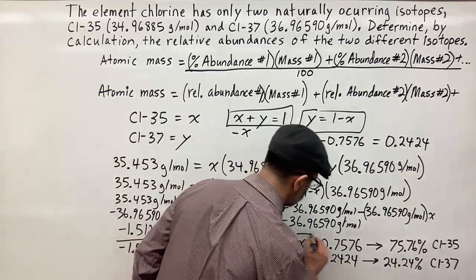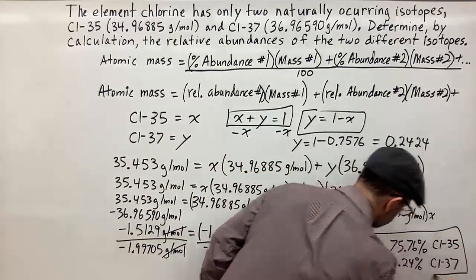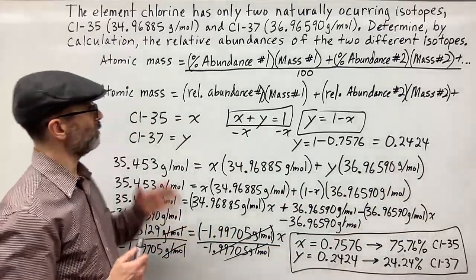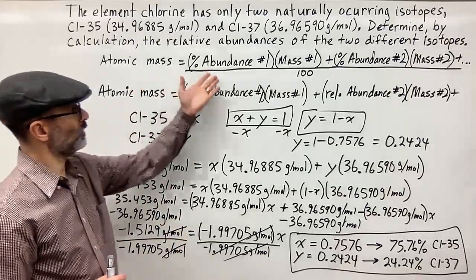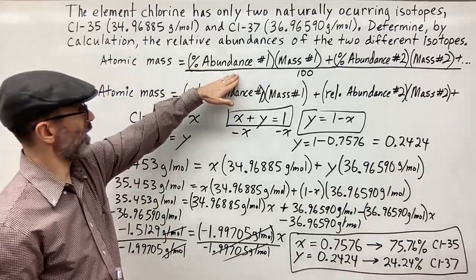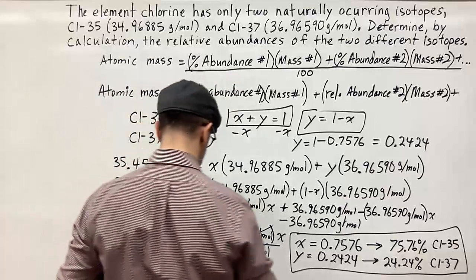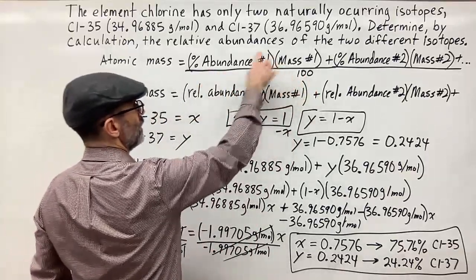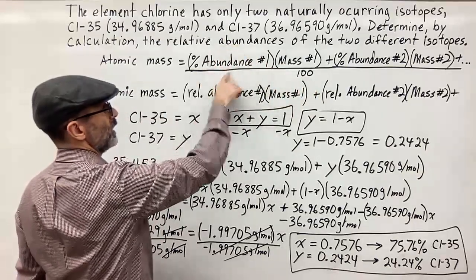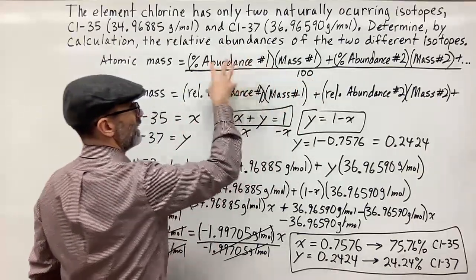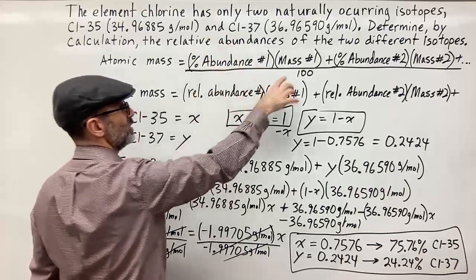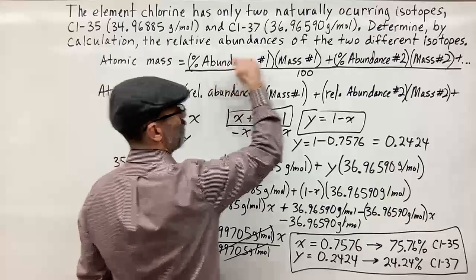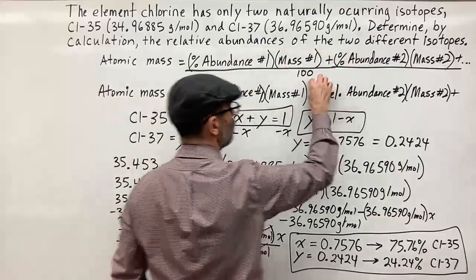And so that, ladies and gentlemen, is how you would solve this problem. So just remember, the key here is if you know this equation, you have to remember that the percent abundance divided by 100 gives you the relative abundance. That's kind of hidden in the equation, because after you add everything together, you just divide it by 100.